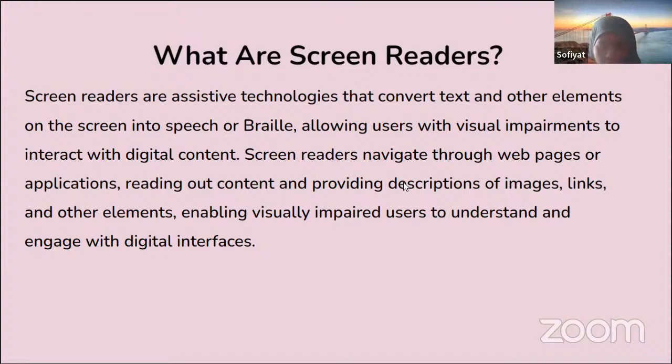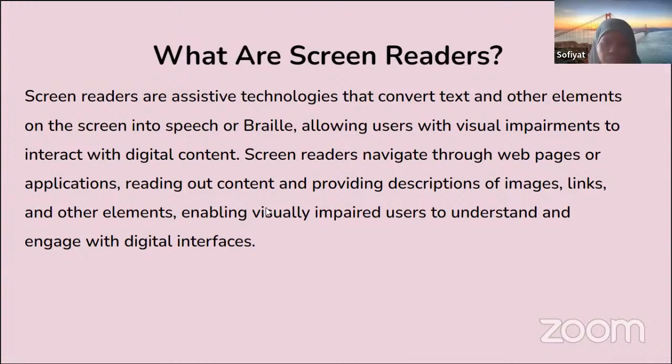So this way, if you have any image, your screen reader will explain what the image is all about. That way, all these blind people are able to get to know, okay, this is an image and this is the meaning of that image.